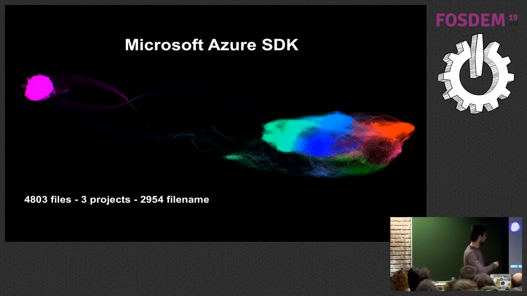So as you can see, that's a lot of duplication for only one project. And when looking at the GitHub repository of the Microsoft Azure SDK, you can see that there's this very repetitive kind of structure with a lot of files incoming. And as you can see, we were able to detect that. I got this representation when I created my graph on Gephi.